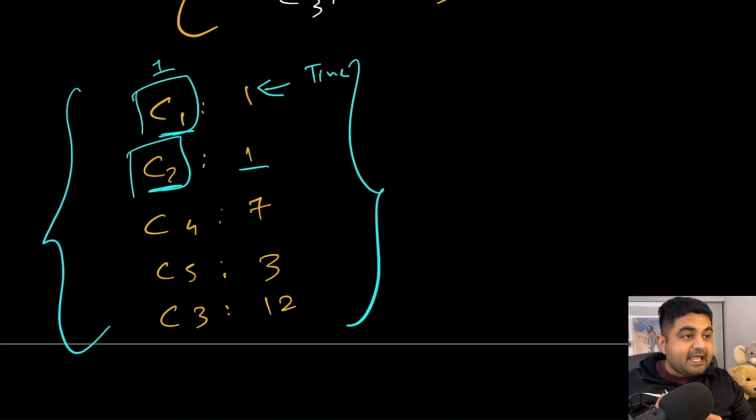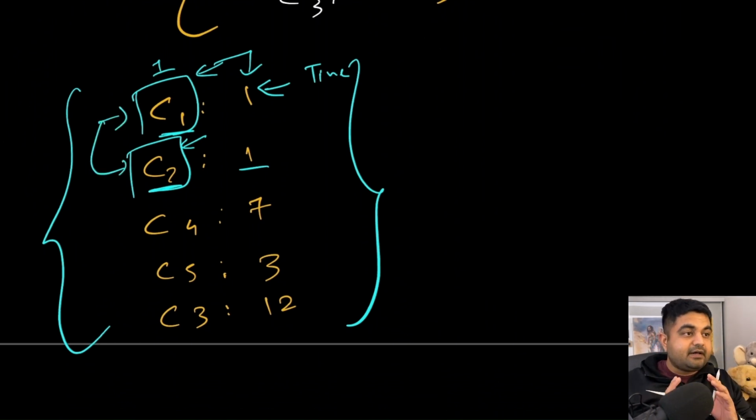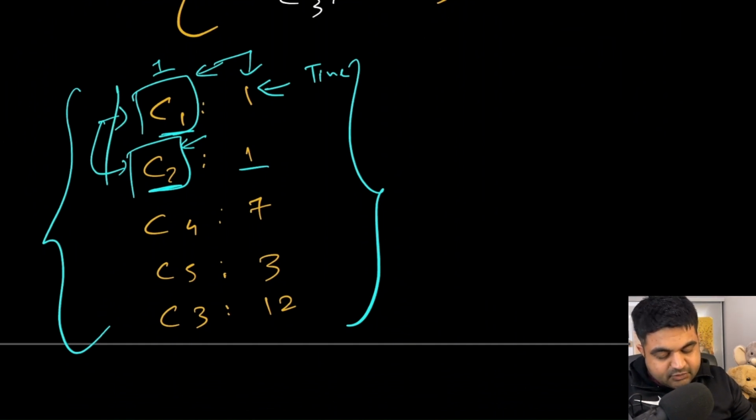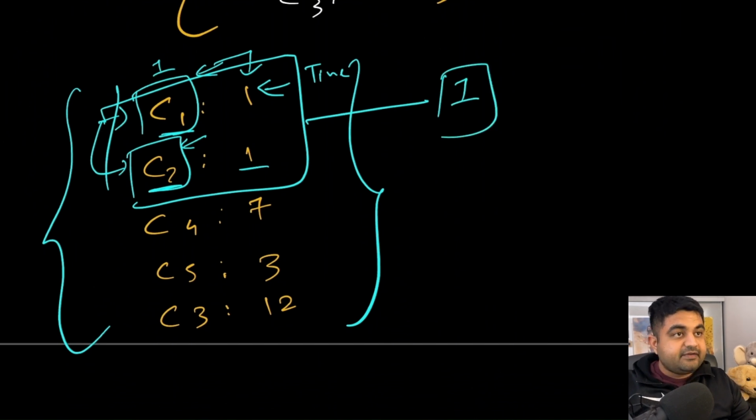So if the time it takes for the C1 car to reach the destination is 1 hour, and we see that for C2 the time it takes is also 1 hour, which means C1 and C2 are both going to reach the destination around the same time, just in a scenario where C2 is just behind C1. So we can conclude that these two have to be one single fleet. So this becomes one of our fleets.